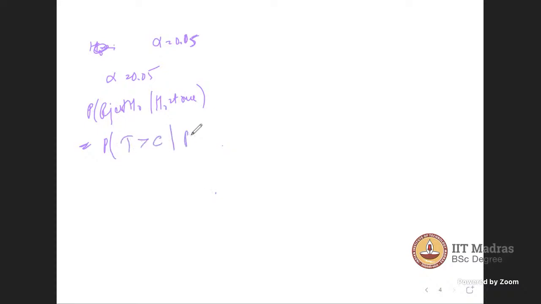So the first question was, when alpha is 0.05, do we accept or reject the null hypothesis? So alpha is what? Probability of rejecting H naught given H naught is true. So the probability of T greater than C given P equals 0.5 is 0.05.